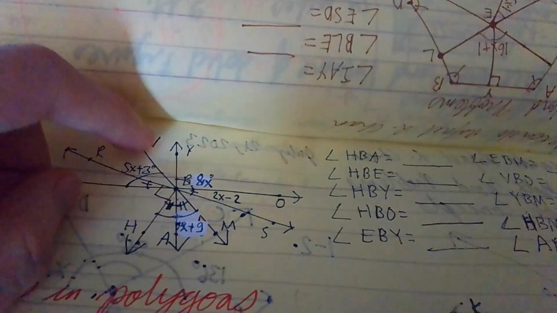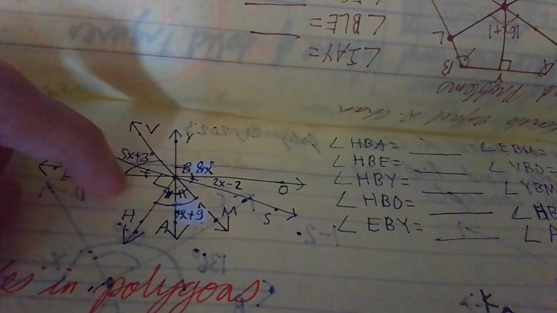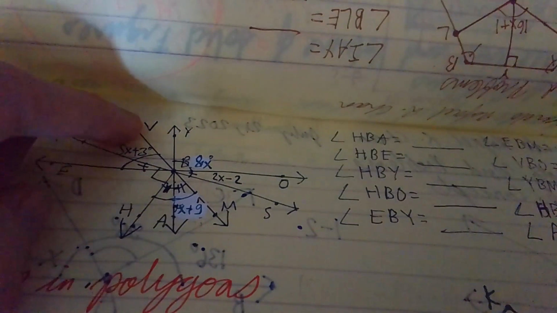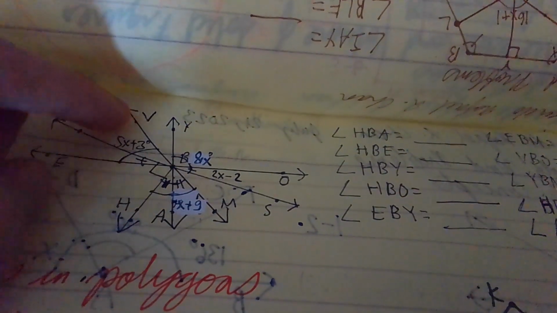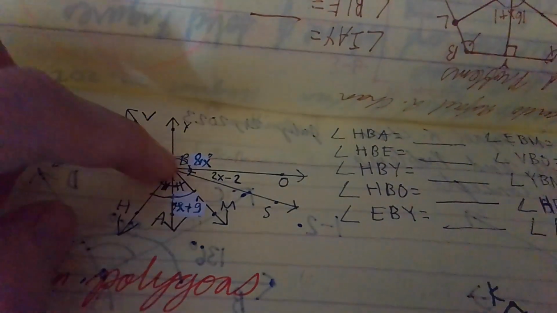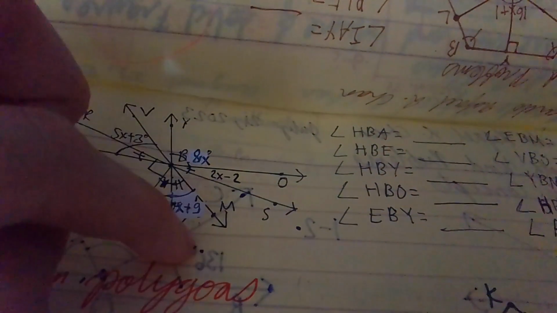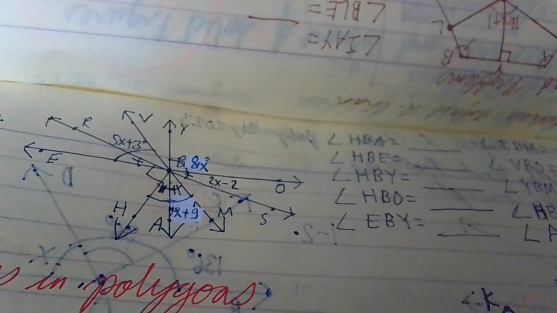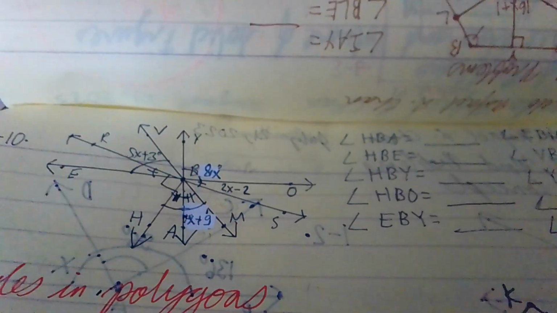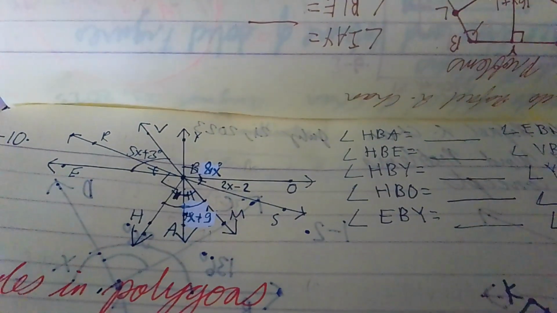So we know that x plus 9 degrees must also be implied for angle EBY. And then, look, VBM and YBA. So you know that these both form a pair of vertical angles. And yes, that is true. So this is definitely true.